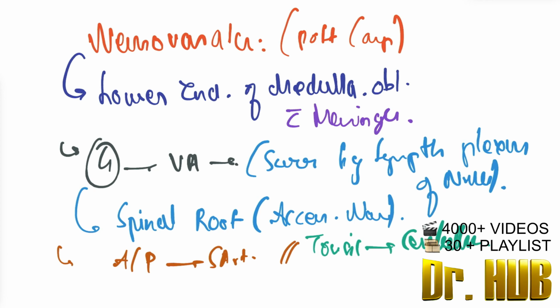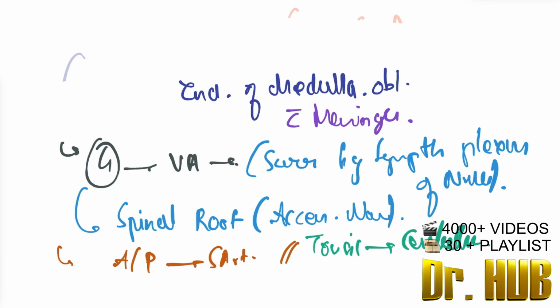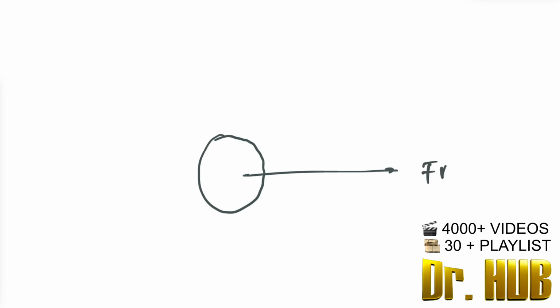Now let's try to picturize the foramina. We are going to look at the prominent structures. In the center, the biggest canal is the foramen magnum, and just beside this there is a small opening, the hypoglossal canal.